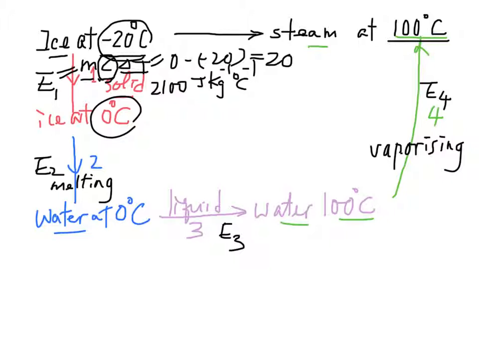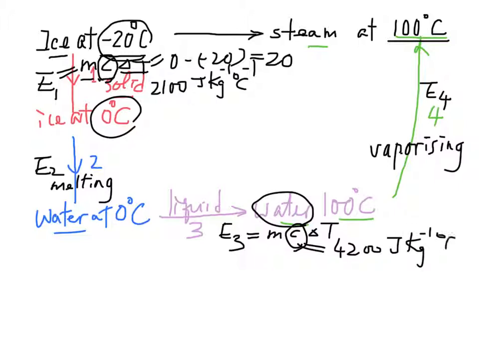For E3, again, we use mc delta T to find the energy required. In this case, c is the specific heat capacity of water, which is equal to 4200 joule per kg per degree Celsius. You have learned that before. And the temperature change will be 100 degrees Celsius minus 0 degrees Celsius, which is equal to 100.